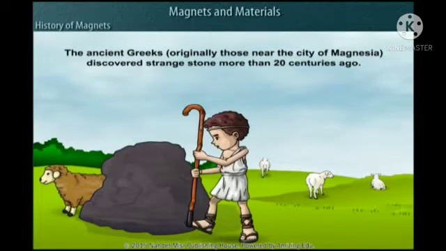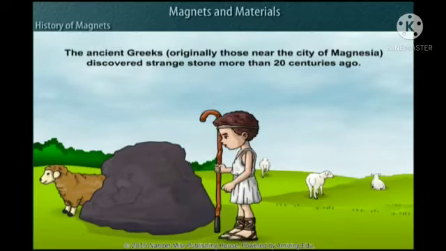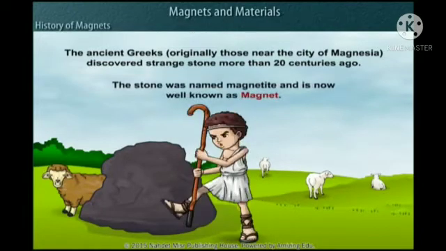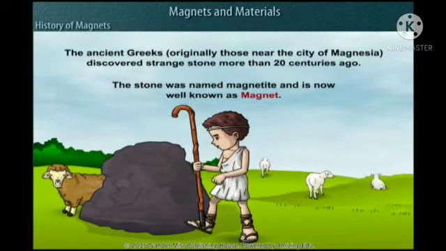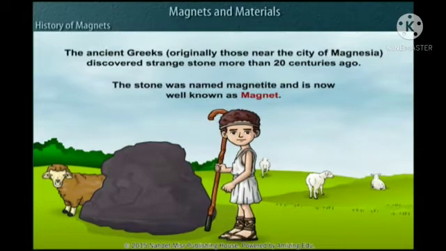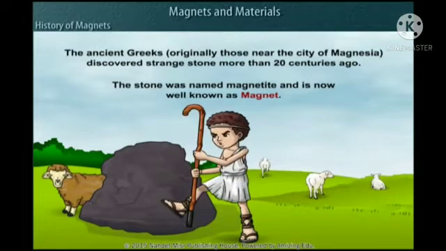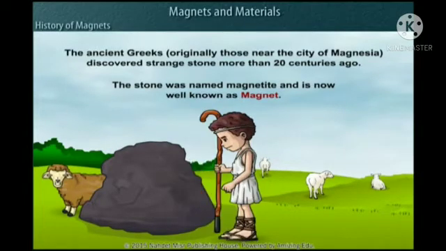He would take a stick with him to control his herd, which contained an iron piece at one end. One day, he was surprised to find that he had to pull hard to free his stick from a rock on the mountainside. And that was known as the magnet nowadays, which has the property to attract iron.